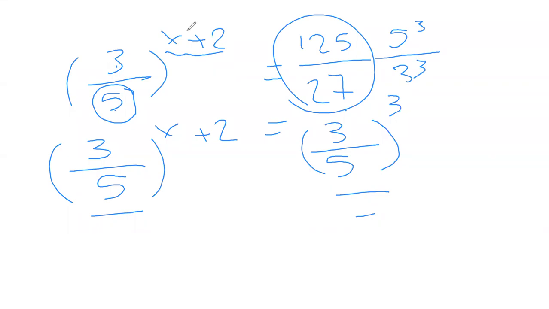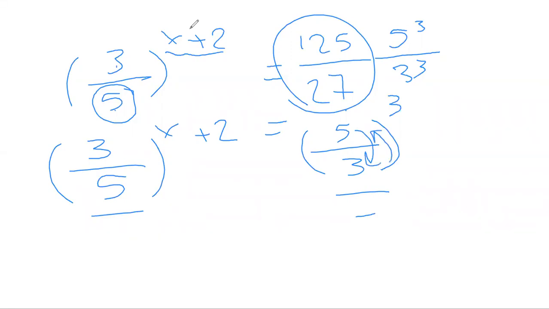So I can write 5 over 3 power 3. Are they the same base? No. Can I say they look alike, so x plus 2 equals 3? No. What solves the problem is to change the places of these two.